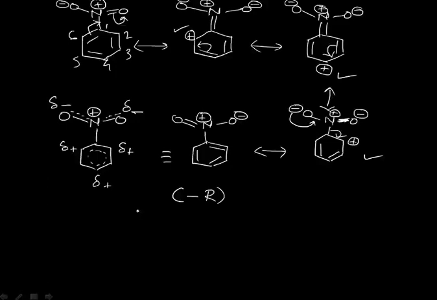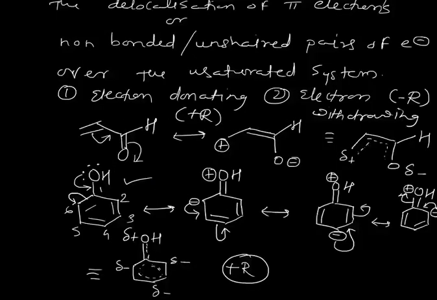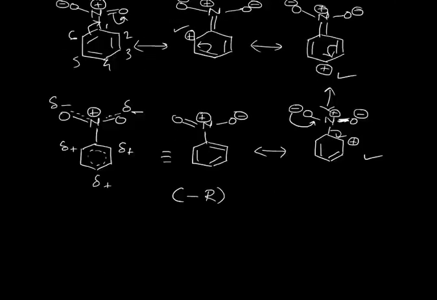So there are a number of substituents available that are going to show plus R or minus R. We have discussed here two examples. One is going to show the plus R effect, that is the OH group in phenol, and one is going to show the minus R effect, that is the NO2 group in nitrobenzene.